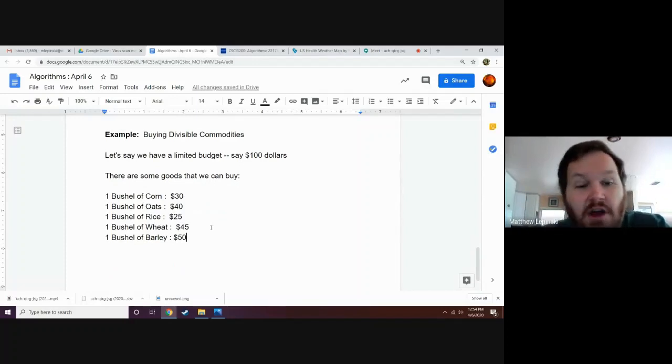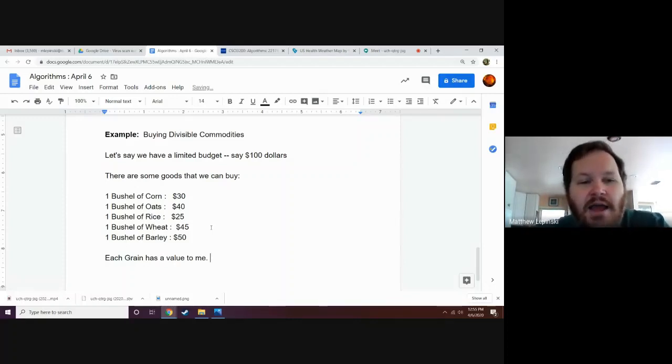Again, I'm just making up these numbers, but I have a limited budget to go and buy some grain. There's a cost associated with each of these bushels, but also each grain has a value to me.